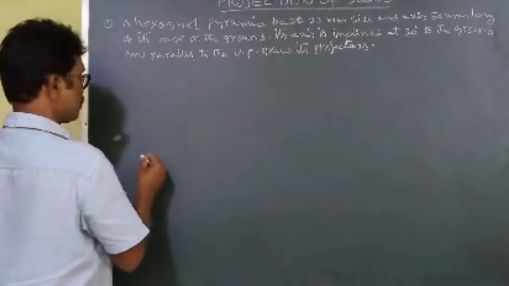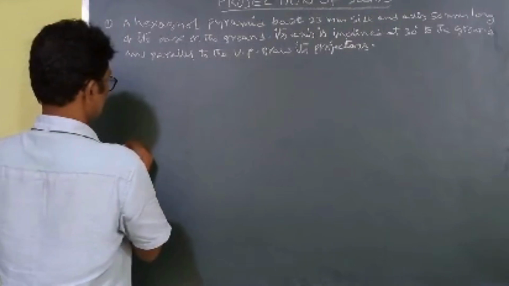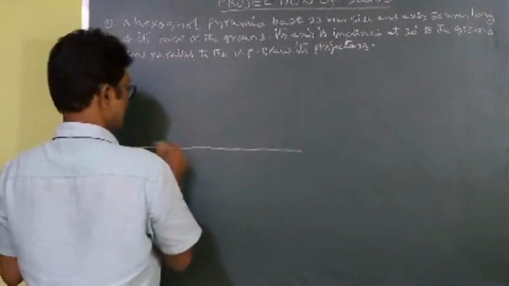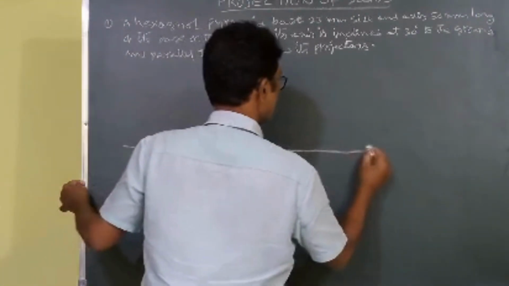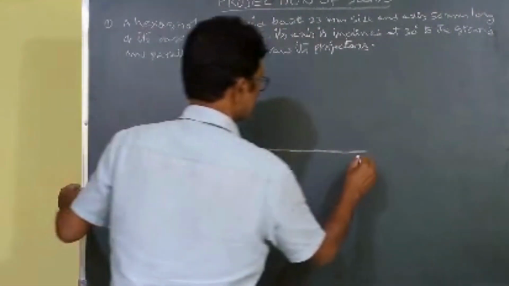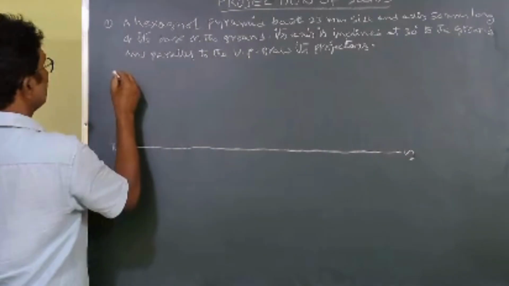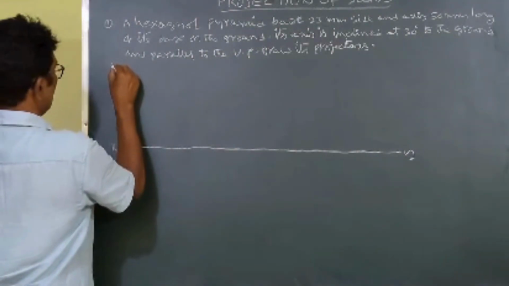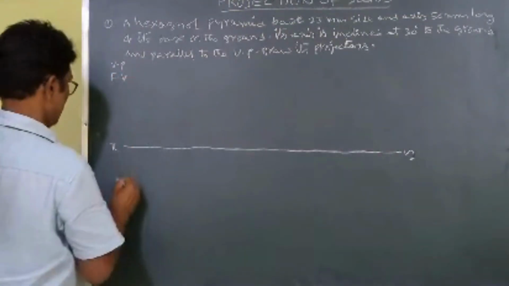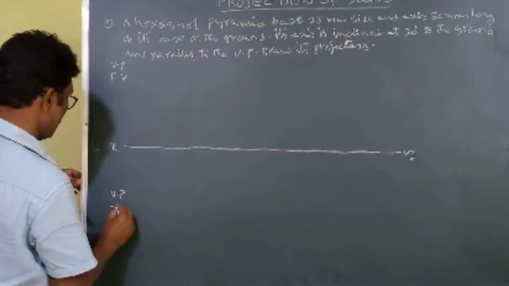First, as usual, we have to draw the XY line. We know that this is the vertical plane, this is the front view, and this is the HP and top view.